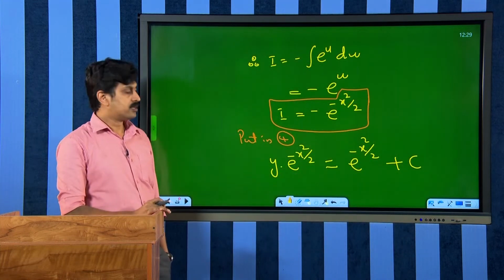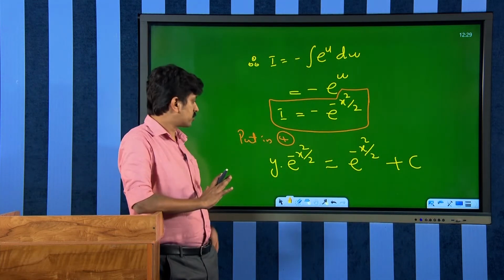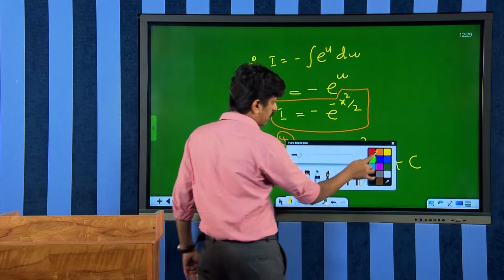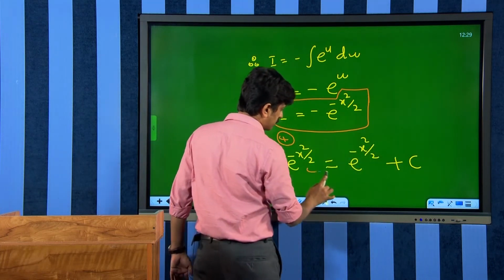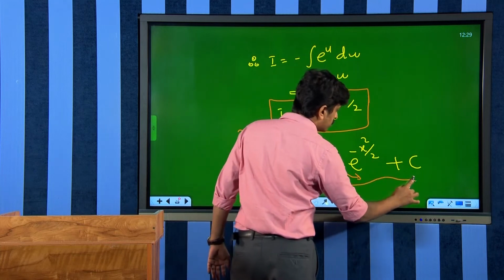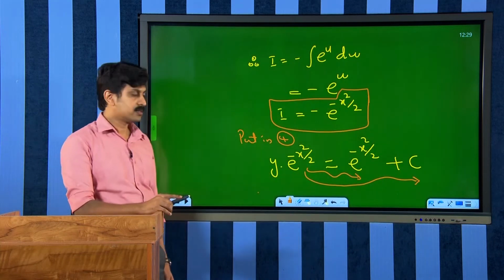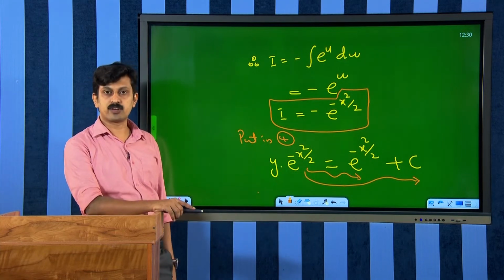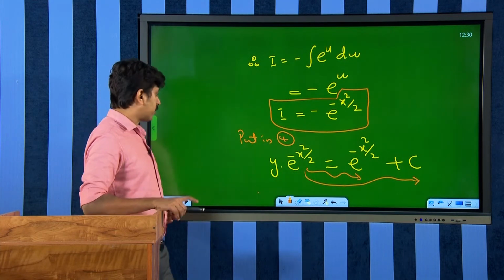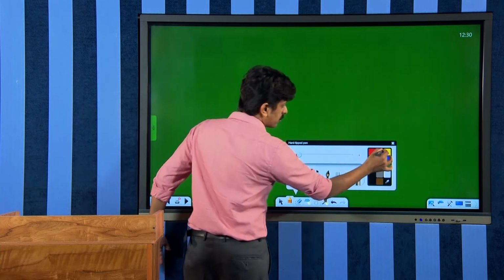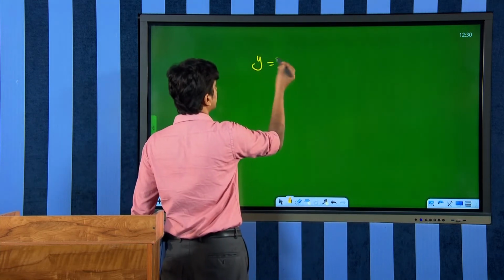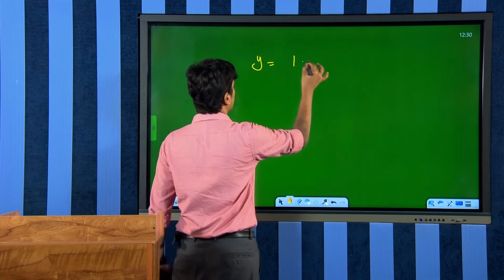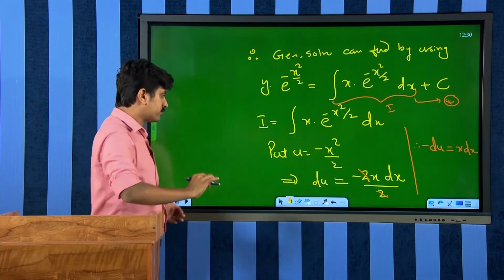So, we can just replace this minus x square by 2 from here. We will have e raised to minus x square by 2 divided by e raised to minus x square by 2, therefore y is equal to e raised to minus x square by 2 plus c, divided by e raised to minus x square by 2.